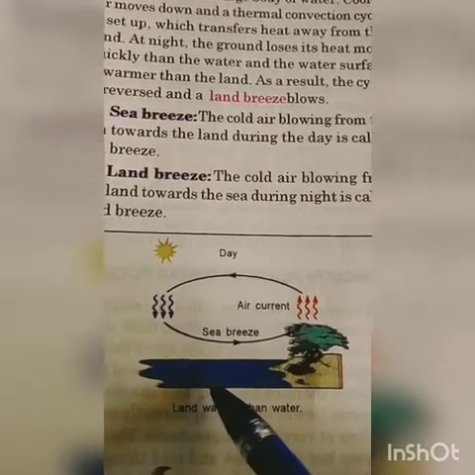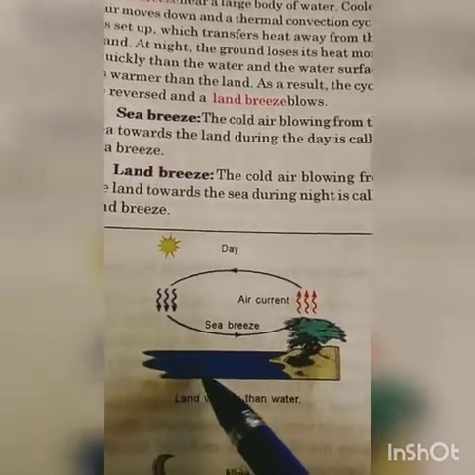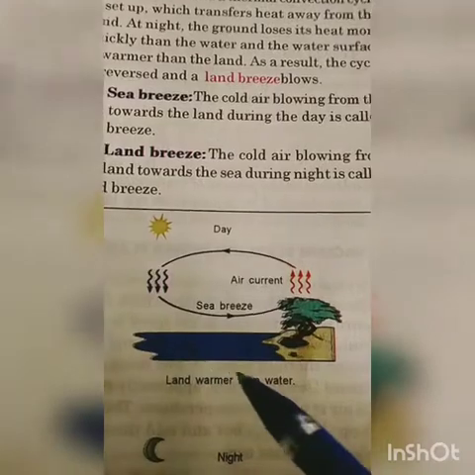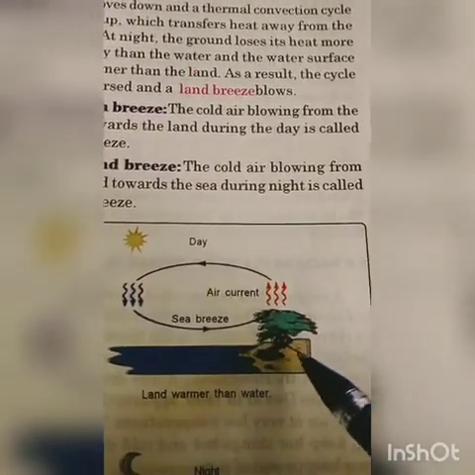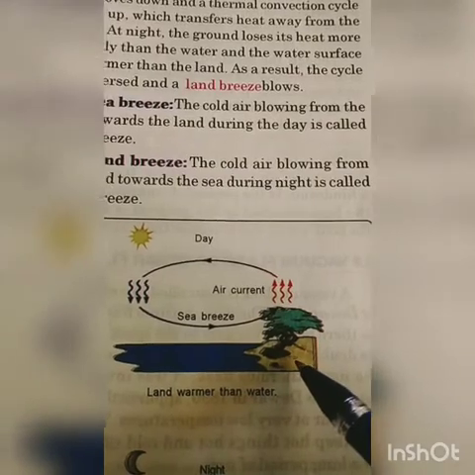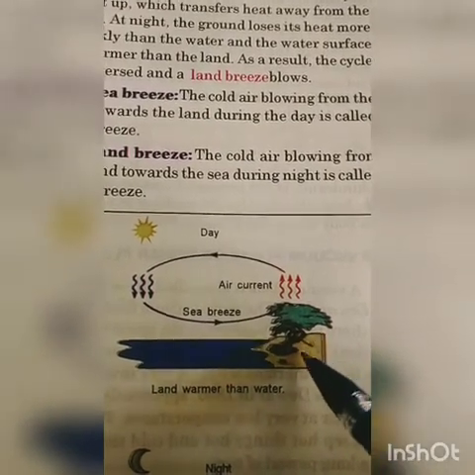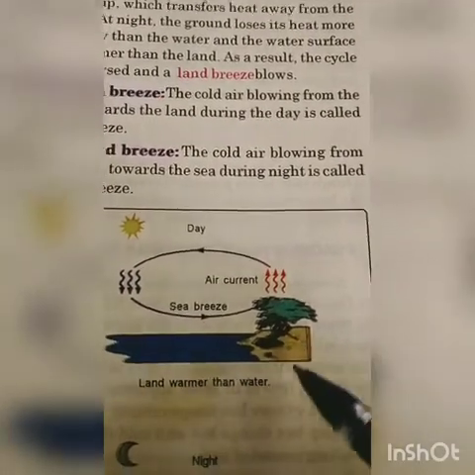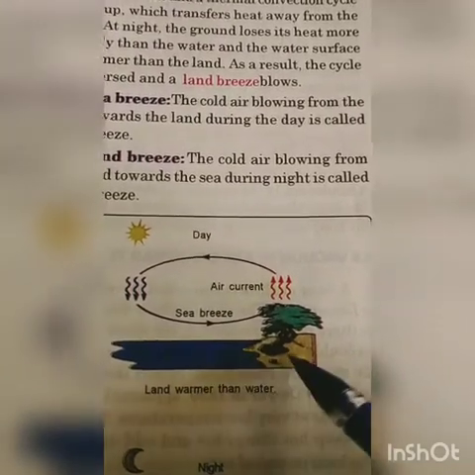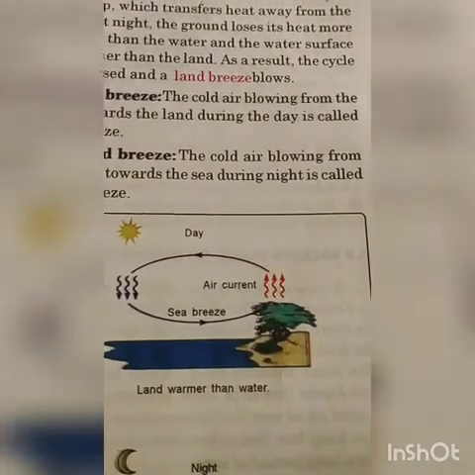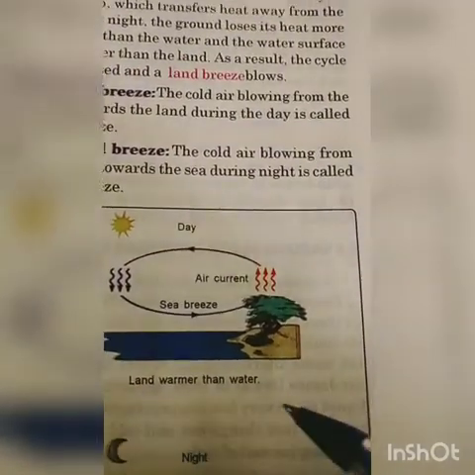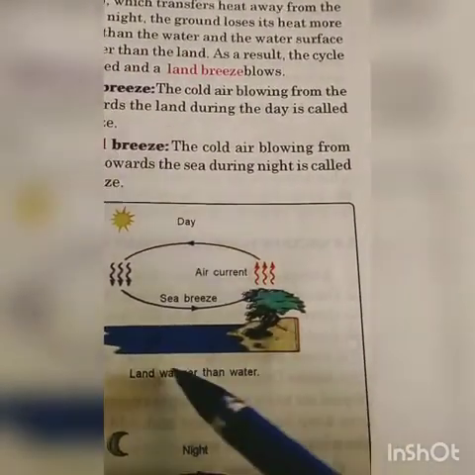So it is heated up very slowly, and land absorbs the heat and becomes heated up fast, because only the surface of the land is becoming hot. It is only gaining the heat. So there is a difference in temperature.